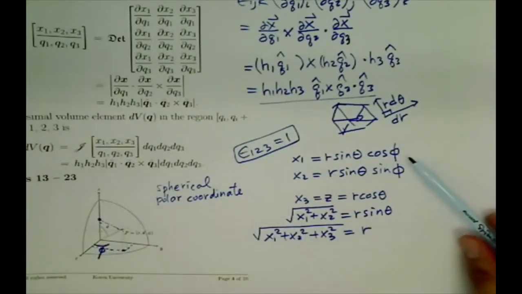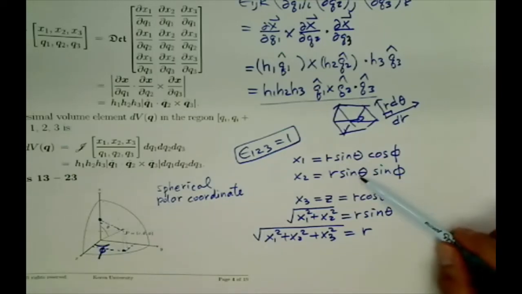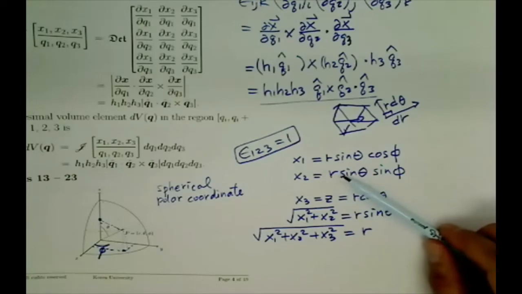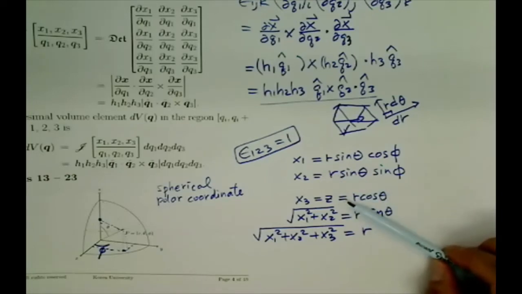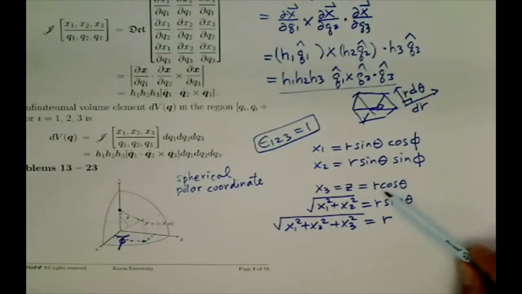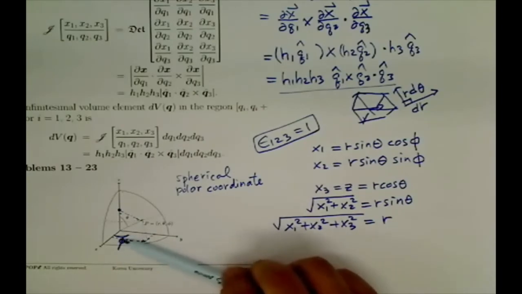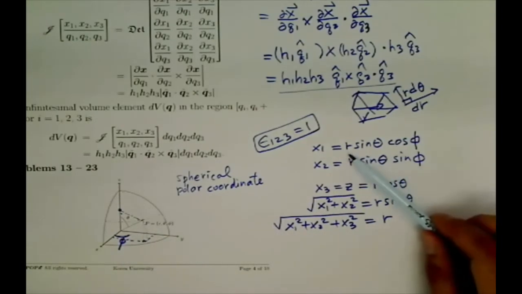In the spherical polar coordinate system, x1, x2, x3... this is a cylindrical coordinate system? Oh no, it is a spherical polar coordinate system. z is r cosine theta, and x is rho cosine phi. Rho is r sine theta.